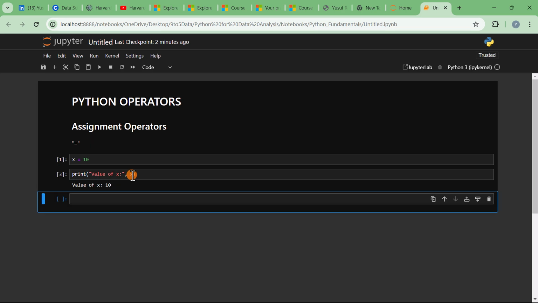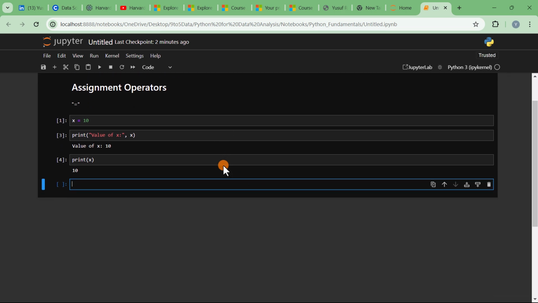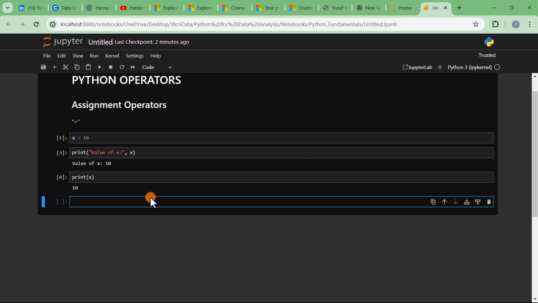We simply have the value of x as 10. We can also just do print x and we'll get 10. So that is about the assignment operator. Let's move to the next one, which is the arithmetic operators.